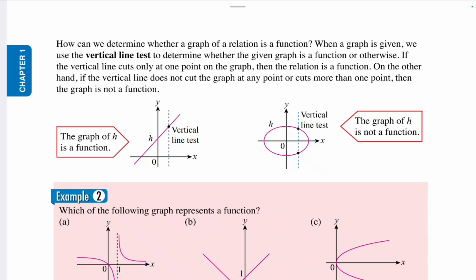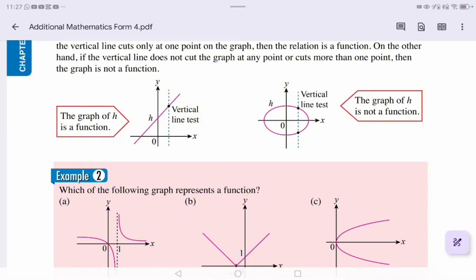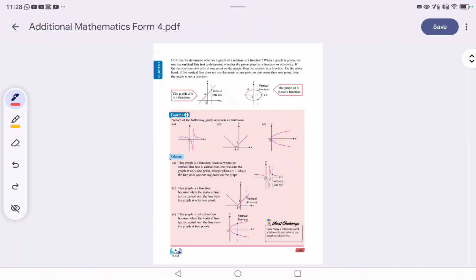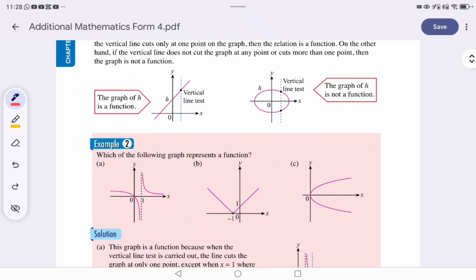As you see over here, when we draw a line, there is the line over here, and then we draw the vertical line over here.